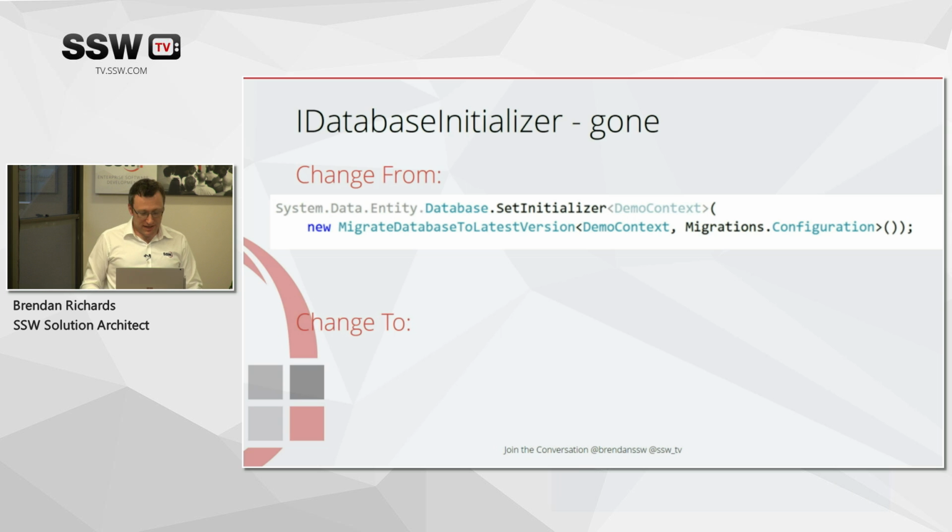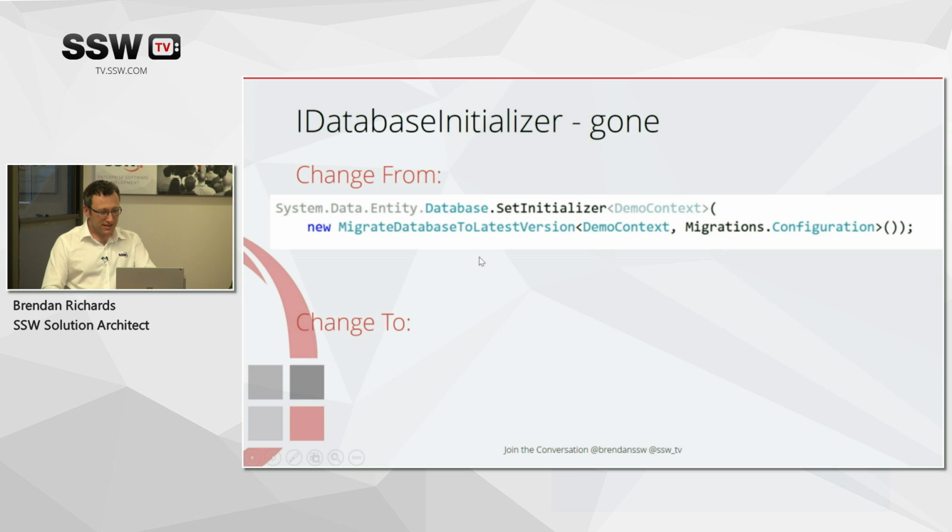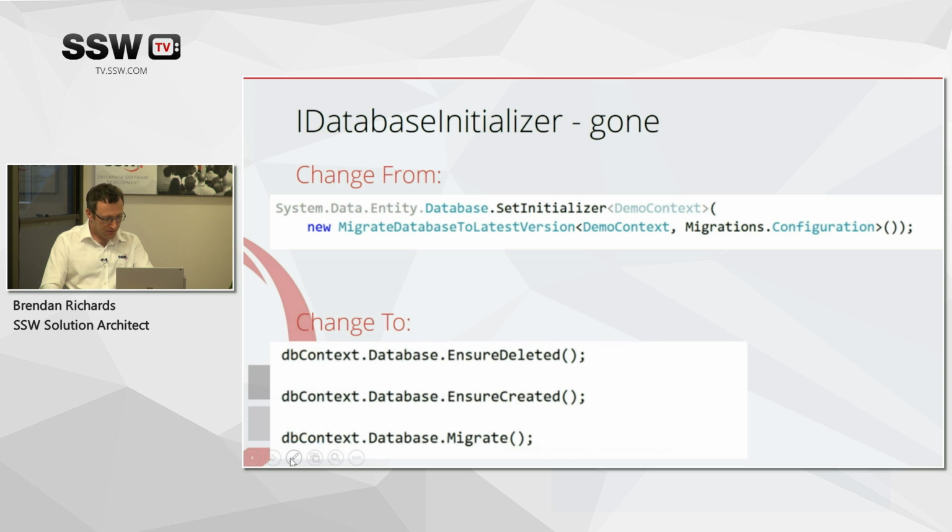Another one that's changed quite a bit is there used to be a class called the DbInitializer. And there was quite a few things I didn't like about this class. So you had this initializer set, and the initializer itself, what I'm talking about, is this class, migrate database to latest version, give it the context, give it some configuration.